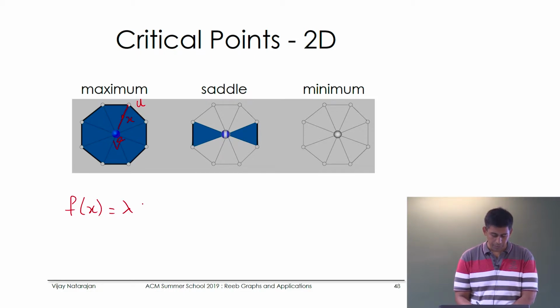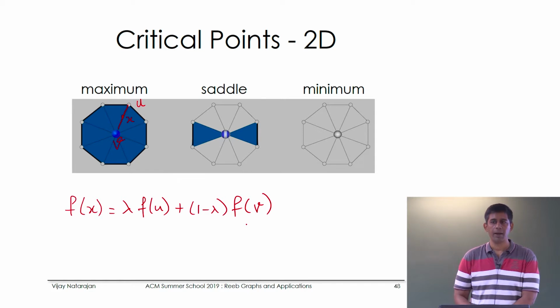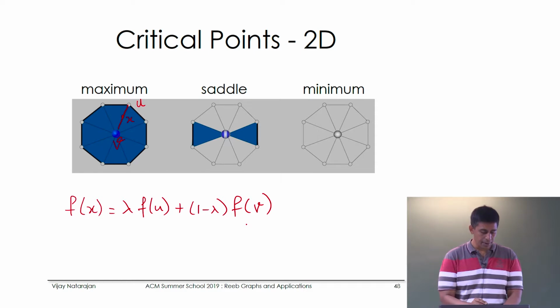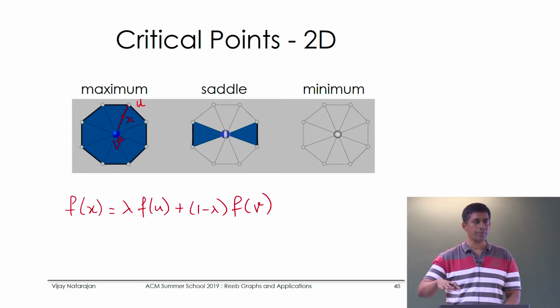Some lambda times f of u plus, right, that is linear interpolation. So what does that mean? It means that if u has function value lower than v, then so does all the points x in the edge uv, right. So if u belongs to the lower part of the star, then the edge will also belong to the lower part of the star, right.